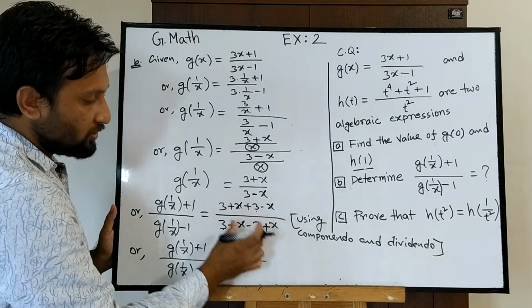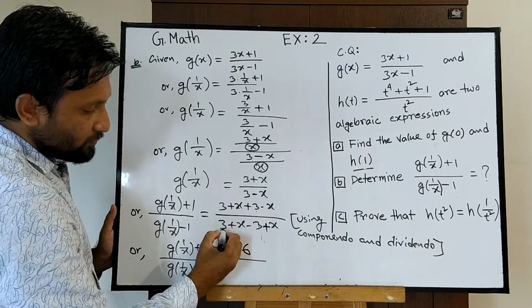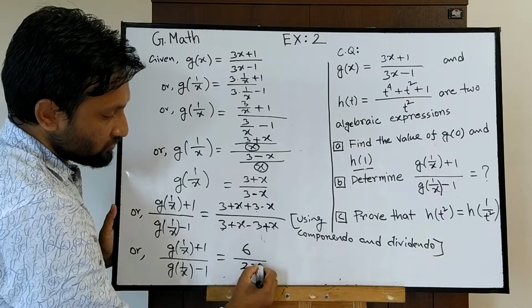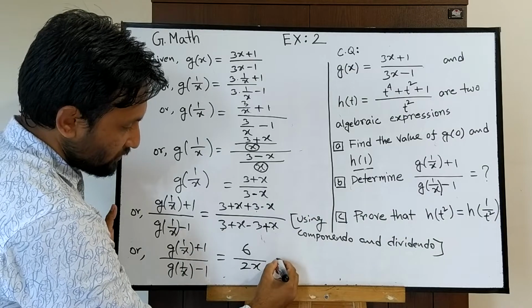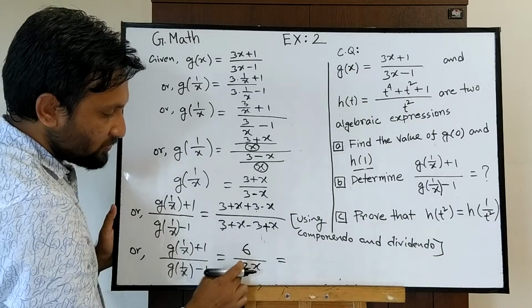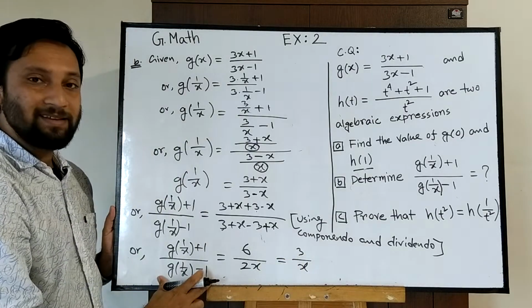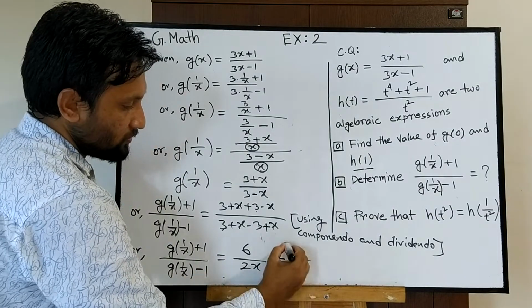Componendo and dividendo, so minus 3 and plus 3 vanish, so x and x, that means 2x. So by simple calculation, 6 divided by 2, that means 3 by x. This is the answer of this expression.